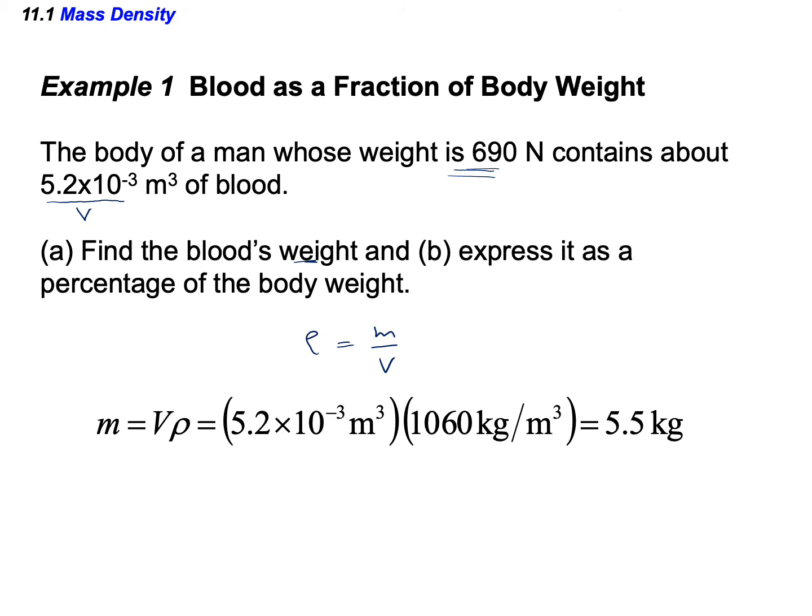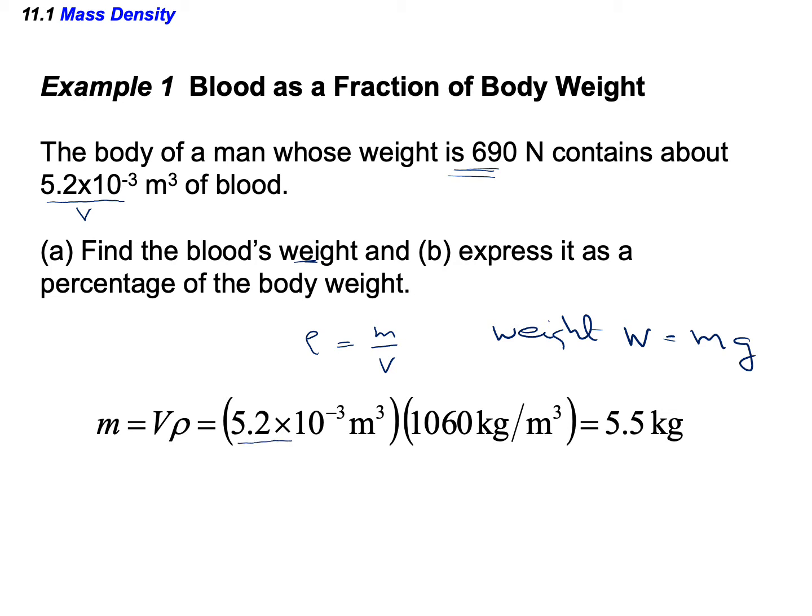If you know the mass, weight, we use W, which is mass times gravity. If you know the density, then we can calculate the weight. So from this equation, mass is density times volume.